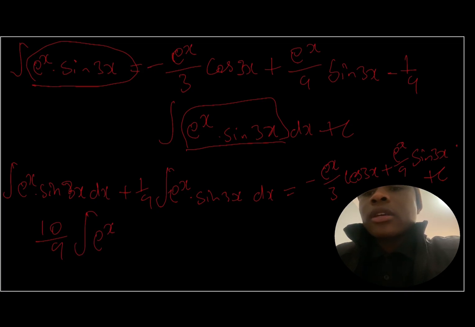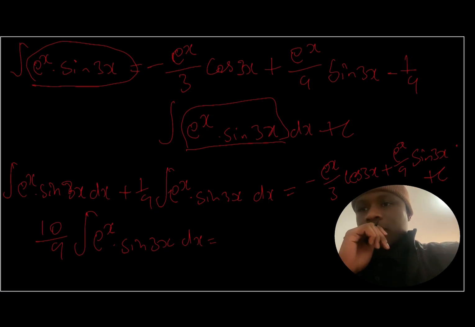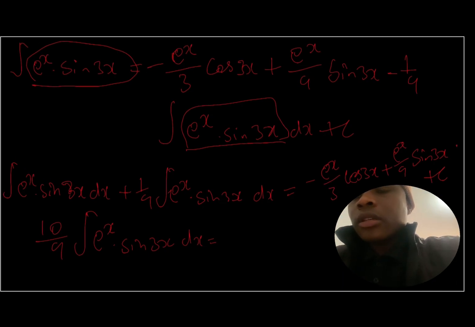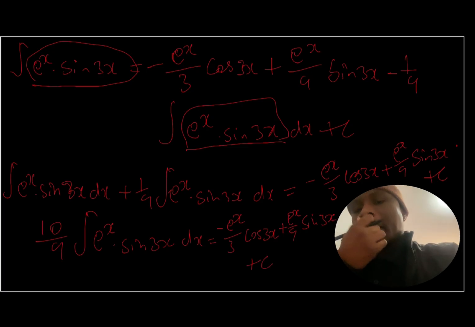So 10 over 9 e^x times sin 3x dx is equal to negative e^x over 3 cos 3x plus e^x over 9 sin 3x plus c, right?